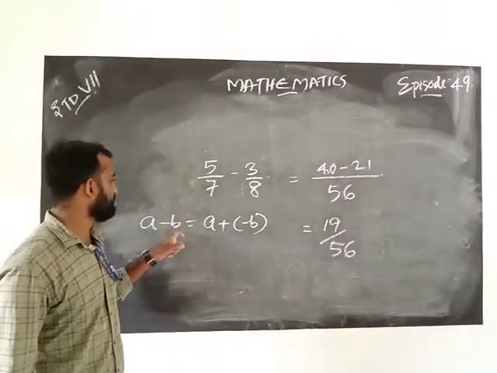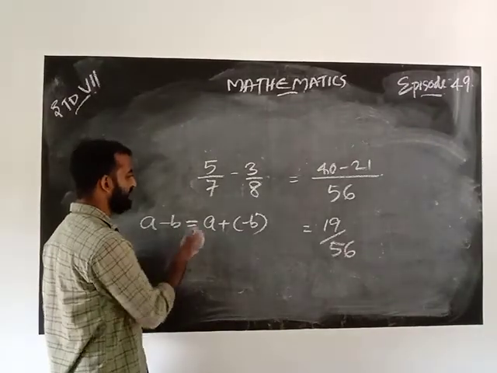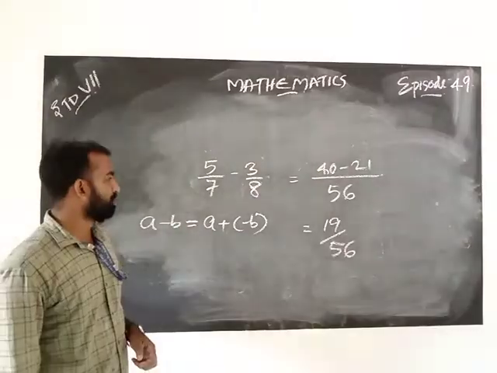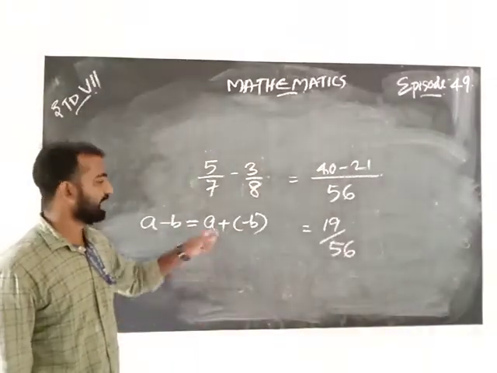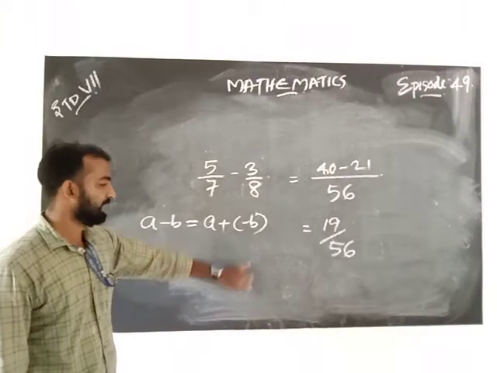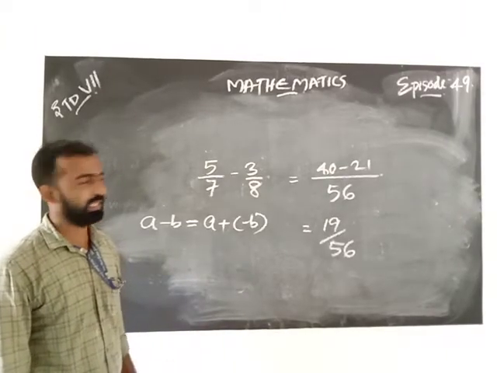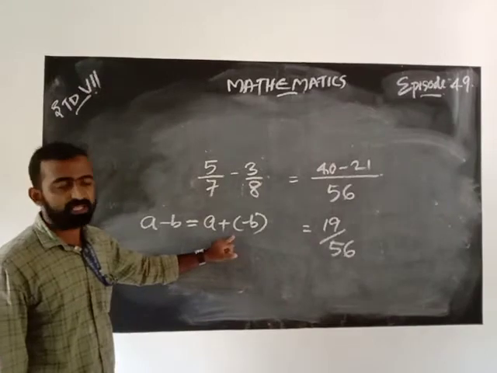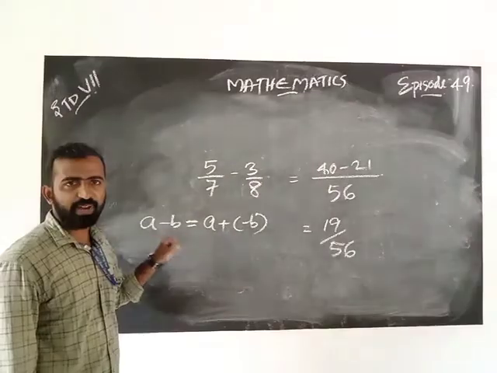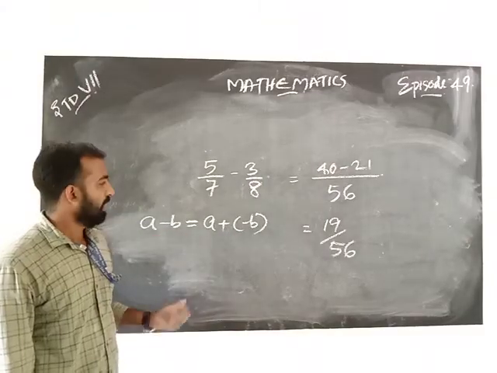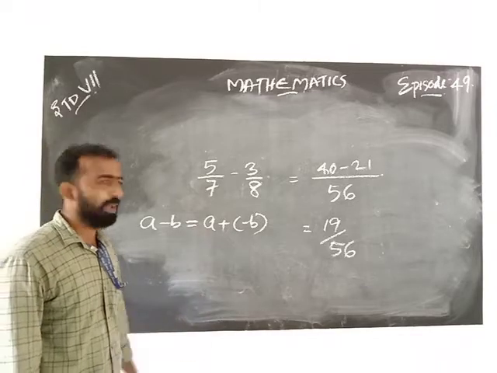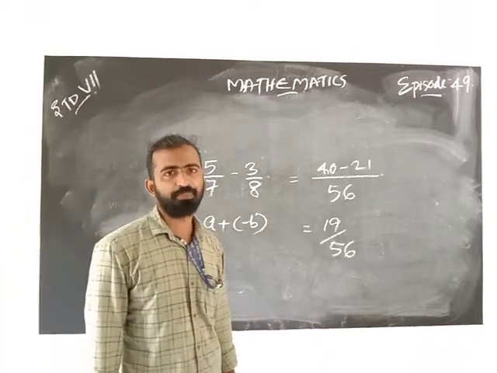That is, a minus b can be rewritten as a plus negative b. Is it right? Yes. When we take the difference of a and b, it is the same as a plus negative of b.